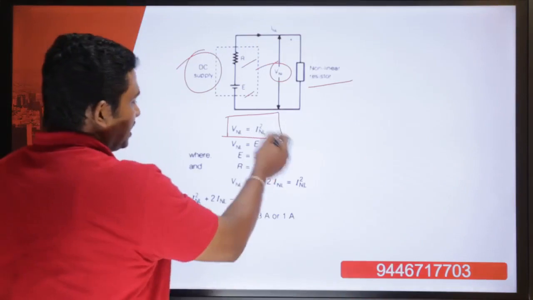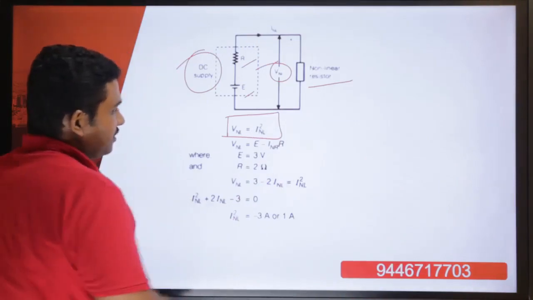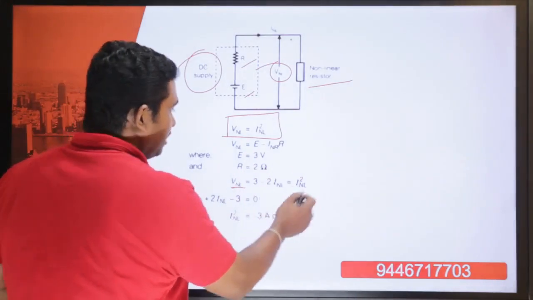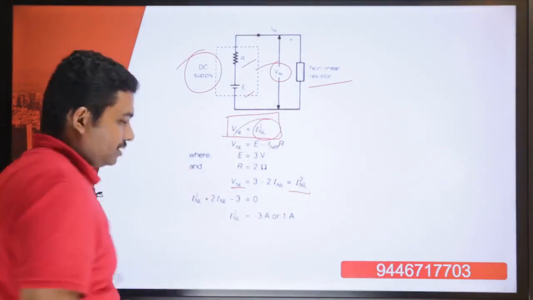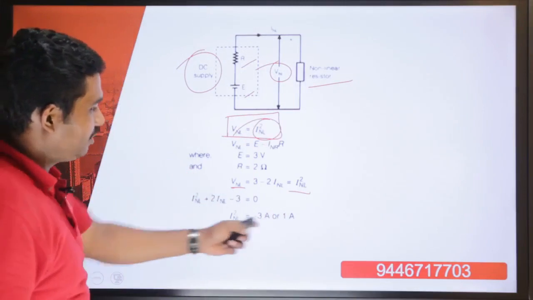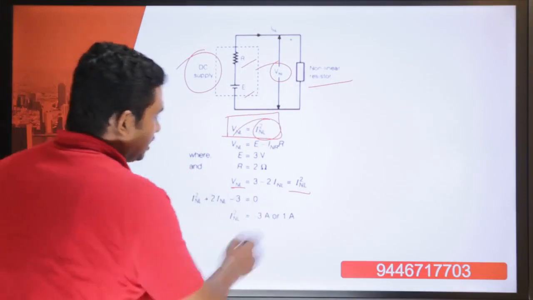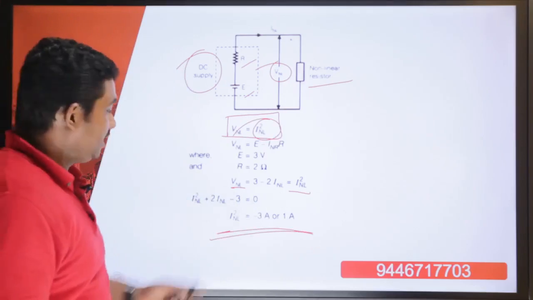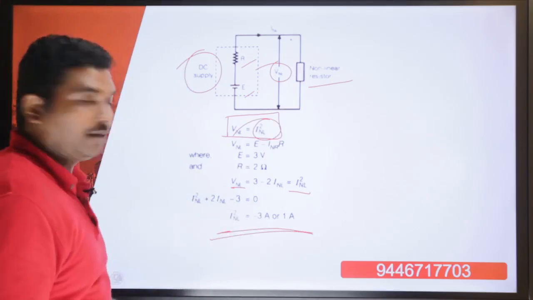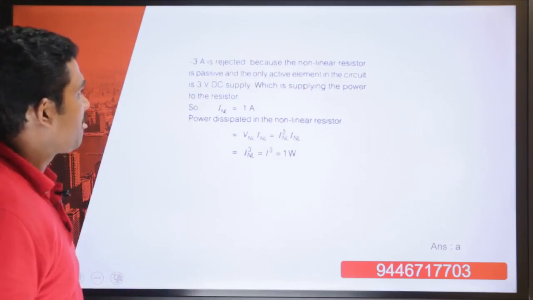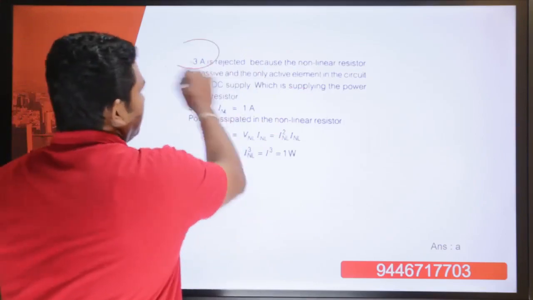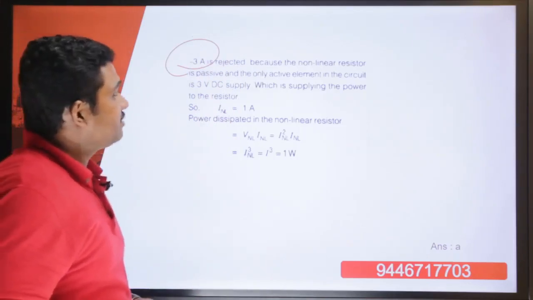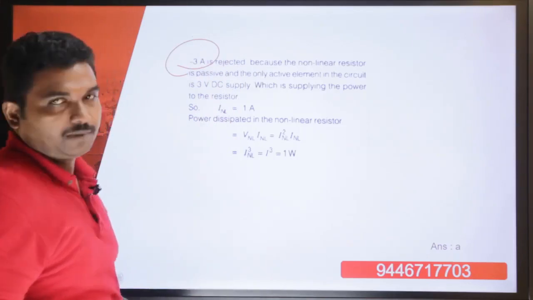So we will get the expression VNL equal to 3 minus 2 INL, which is also equal to INL square. From this you will be able to make a quadratic equation and solve for INL. So INL either becomes minus 3 ampere or it becomes 1 ampere. Now minus 3 ampere is rejected because the nonlinear resistance is passive and the only active element in the circuit is the 3 volt DC supply.